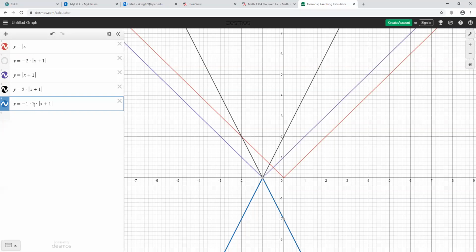The multiplication of 2 was what kind of transformation? What was that called? Vertical stretch. Very good. And what was the multiplication of -1 called? Reflection over the x-axis. Okay.